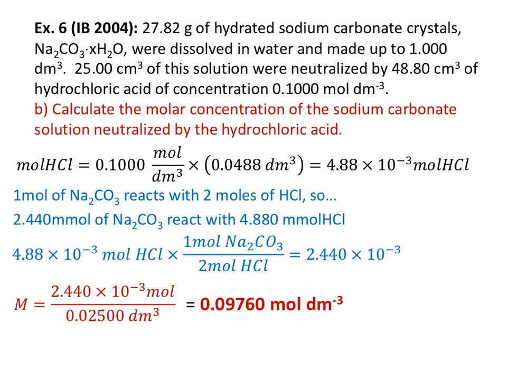Just because it's so messy with me trying to write on the little slides, I just wanted to go over this again with the typed up version. So we're using the volumes of the acid and base and the concentration of the acid. Starting with the acid numbers, we've got the concentration times the volume to get the moles of hydrochloric acid.